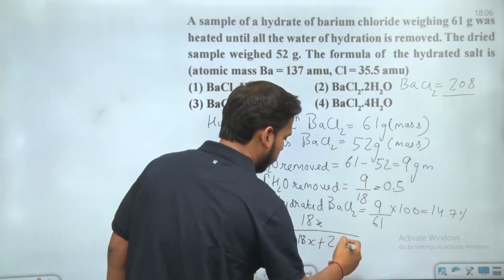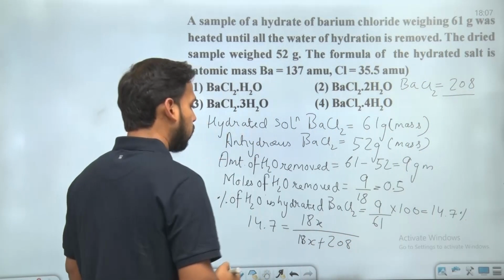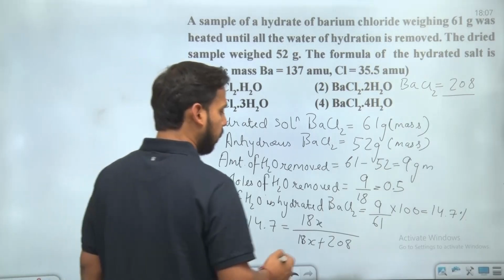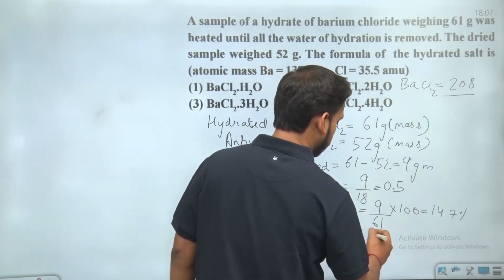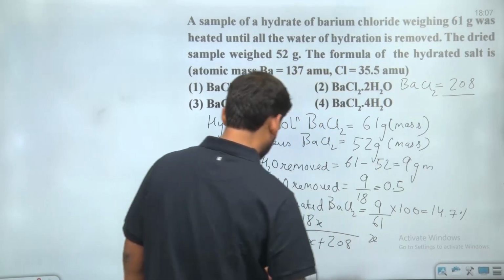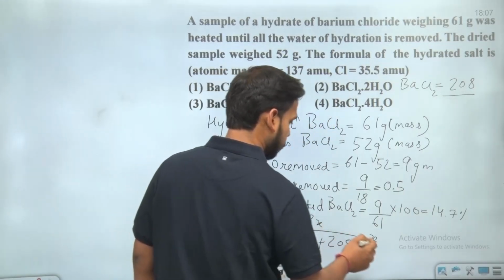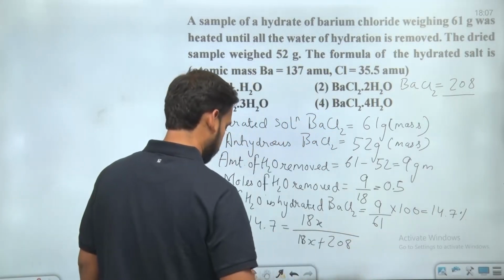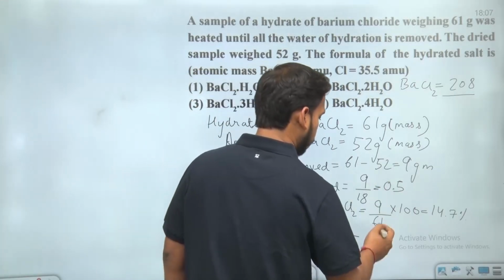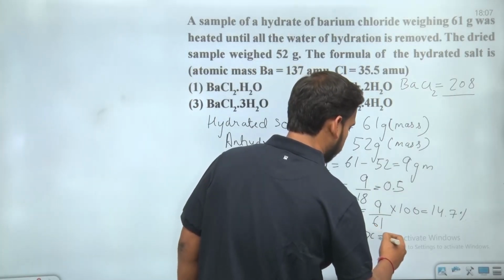On calculating this we get the value of x to be 2.